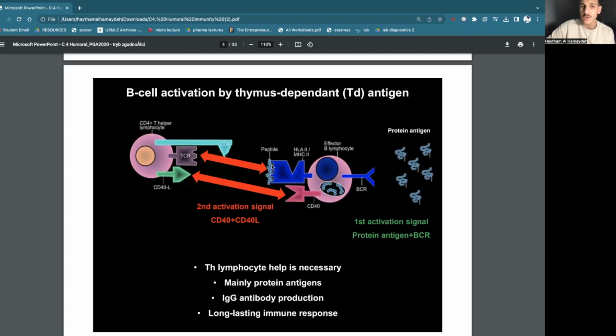So now we have this protein antigen bound to MHC2, which we originally got from the binding of the BCR to the protein antigen, brought inside the cell and then presented on the MHC2. This is now used as part of the second activation signal of the B cell.